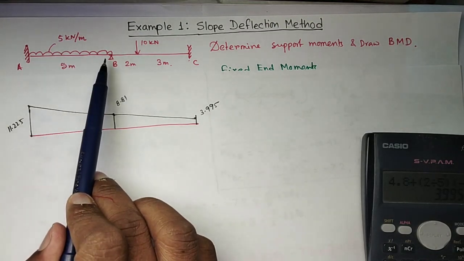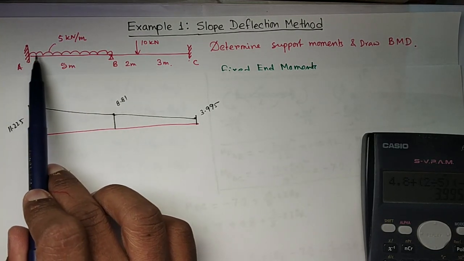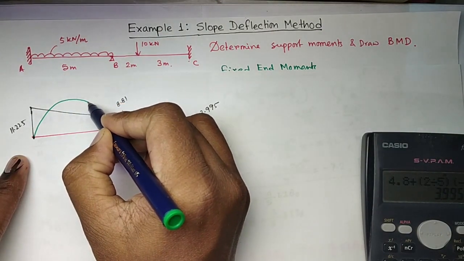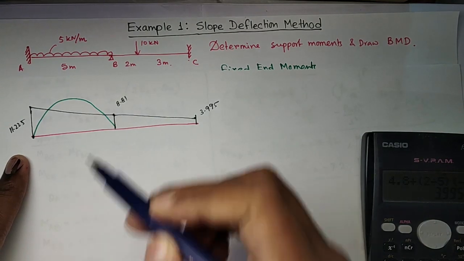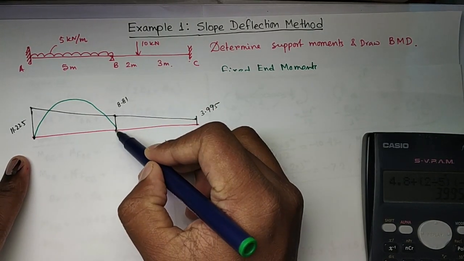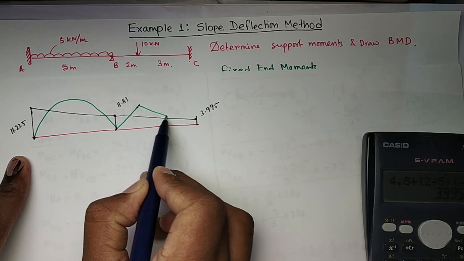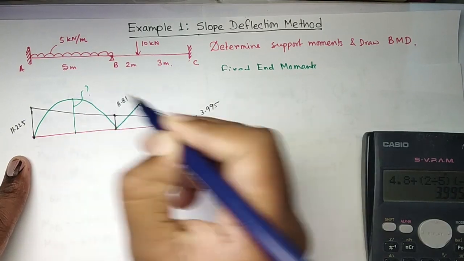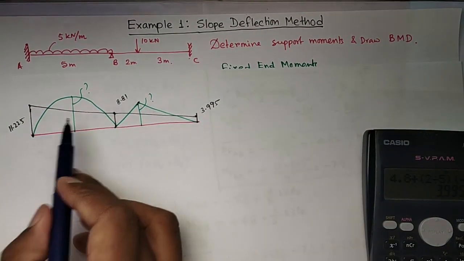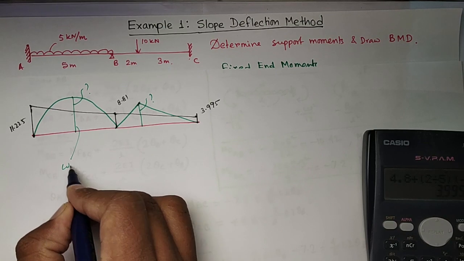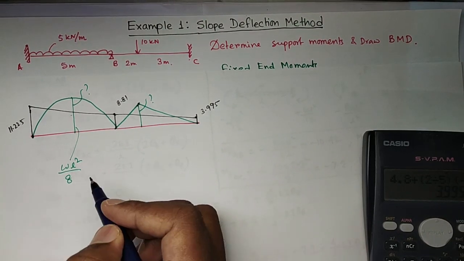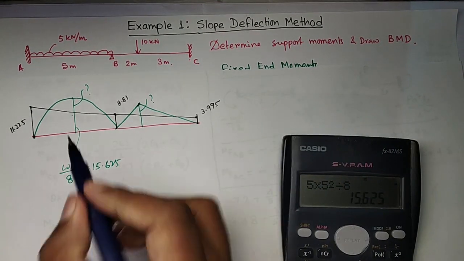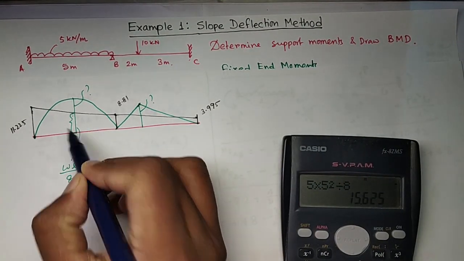For this UDL loading, suppose this is simply supported. For UDL loading, what will be the bending moment diagram? It will be like this. So what is this value and what is this value? We have to calculate. For this value, it is WL square by 8, and you have to calculate this coordinate also.